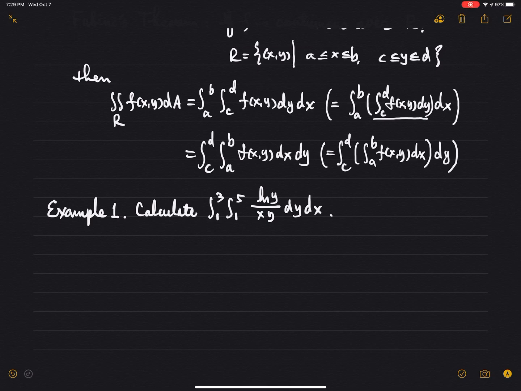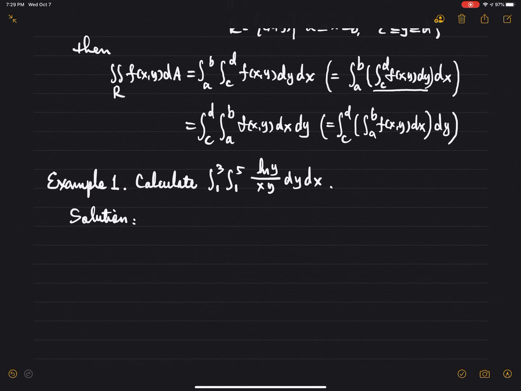So we calculate it using Fubini's theorem. I'll write this as the integral from 1 to 3 and 1 to 5 of log y over xy dy dx.